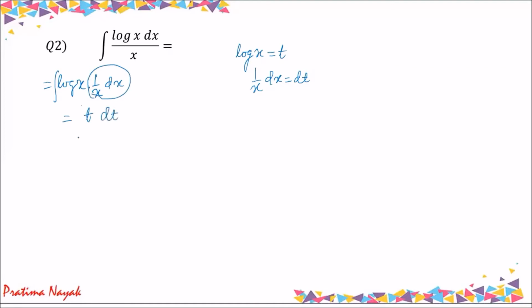So t dt. The integration of t dt is the same as the integration of x dx, which is x square by 2. Similarly, the integration of t dt will be t square by 2 plus c. What is t square? t is log x, so it is log x whole square by 2 plus c.